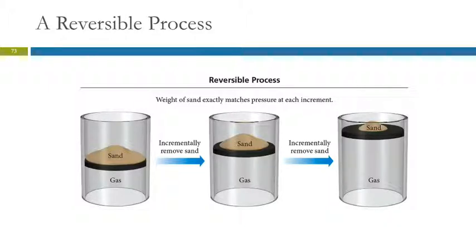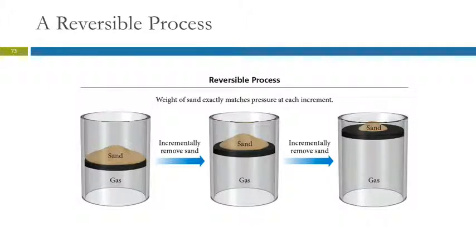So here's an example of a reversible process. Here we have a cylinder, and there's a gas down here, and then there's this disc here, and we put sand on it. The sand is pushing down on the gas. If we take a grain of sand off, then the gas will expand a teeny tiny bit.